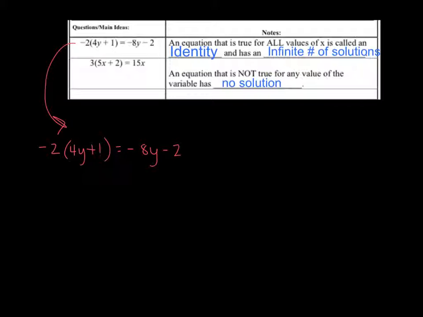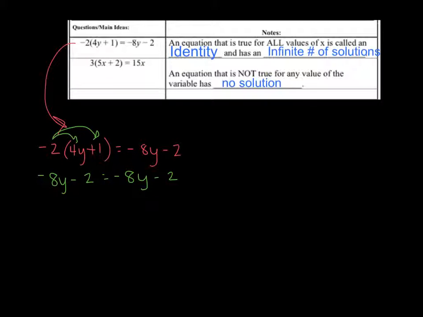So we're going to start our steps just like with every other equation, and try to clean up our problem on the left and right. On the left we have parentheses, so I need to distribute. When I do that, I get negative 8y minus 2 equals negative 8y minus 2.